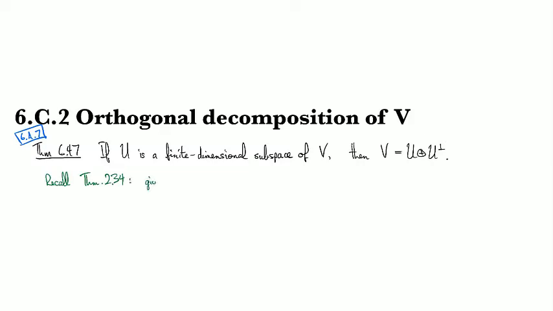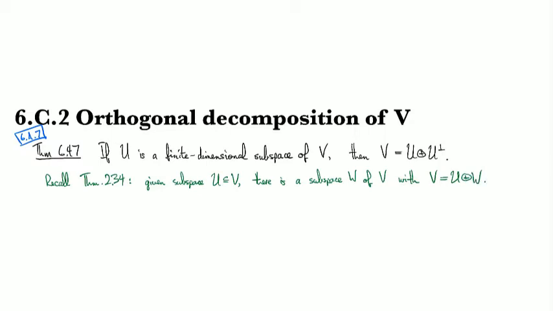It said that given a subspace U of V, there is a subspace W such that V looks like U direct sum W. And so this is now just saying, oh, you know what? You can do that decomposition orthogonally. Because it's possible to do it with a non-orthogonal subspace as well. But if you're in an inner product space, you can do it orthogonally.